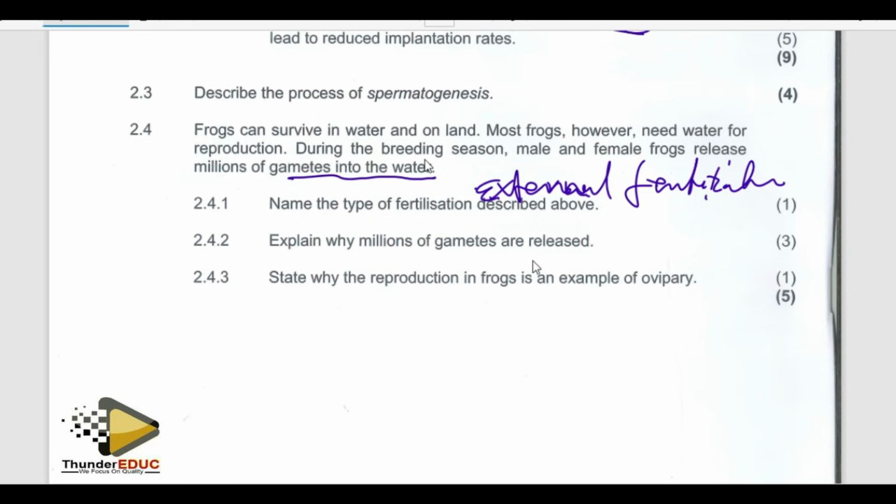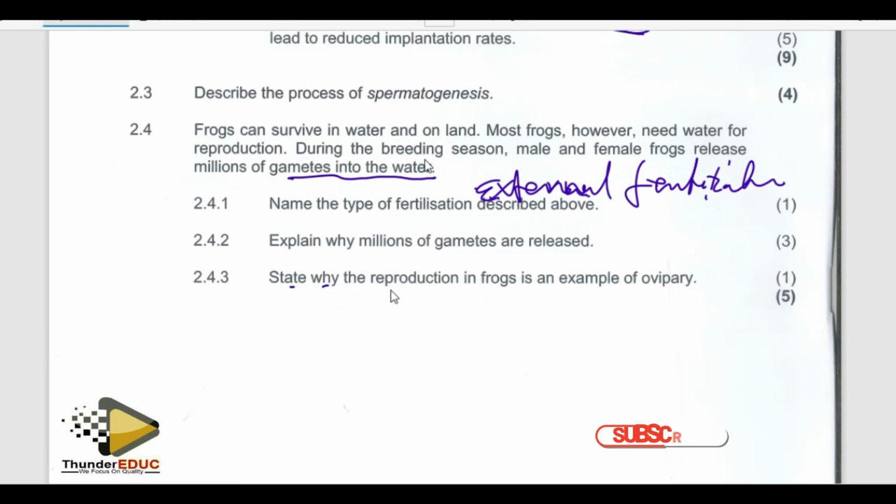Yes, why do we have to release millions and millions of sperms? To increase the chance of these sperms to meet the ovum so that successful fertilization can take place. That's what they are looking for.